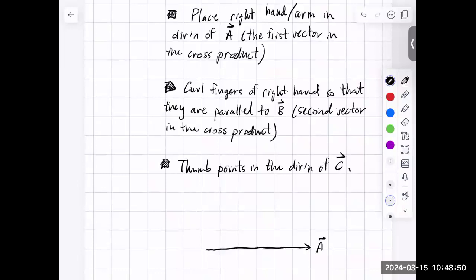So here's A, here's B, and let's just do it again. A is horizontal and to the right. I curl my fingers so that they're kind of roughly parallel to B. My thumb points out of the screen. And so we would say C equals A cross B points out of the screen.